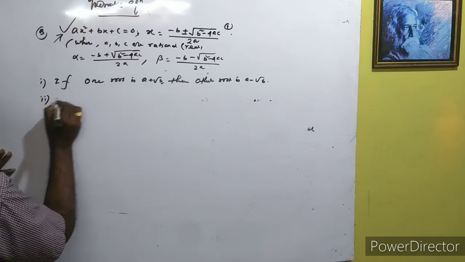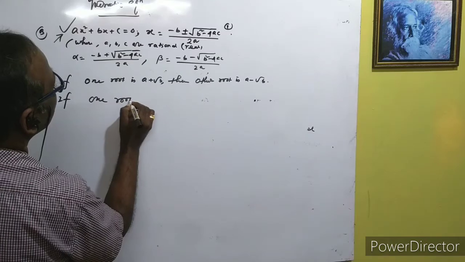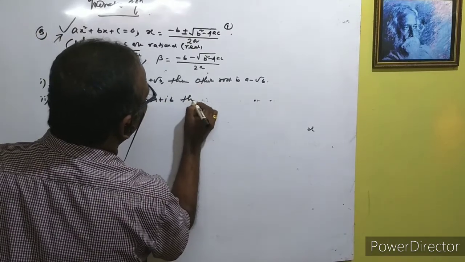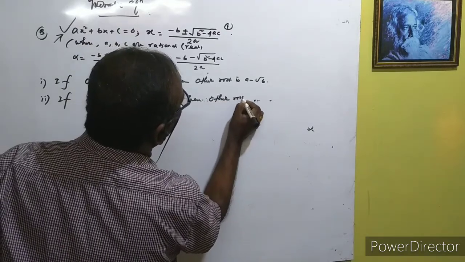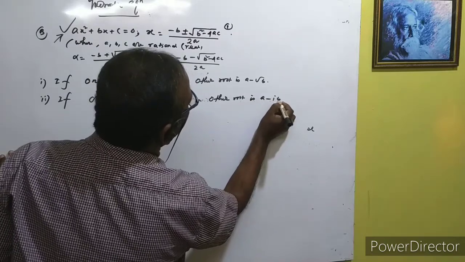And number 2: if one root is a plus ib, then the other root is a minus ib.